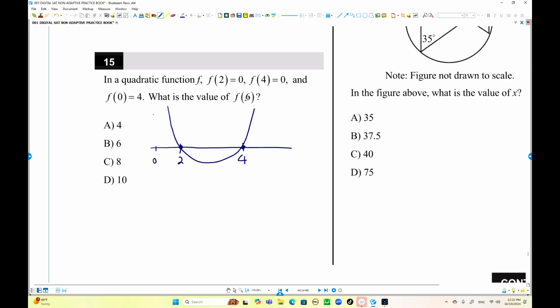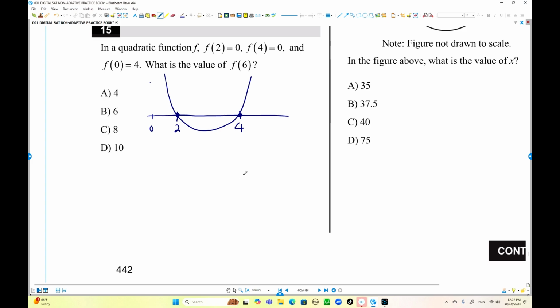Okay. Now let's find the factors that form this equation. They have two x-intercepts, 2 and 4. So f of x looks like this: f of x equals a, the scale factor, times x minus 2 times x minus 4. Okay, we always need this one, right? Because there are many such functions.